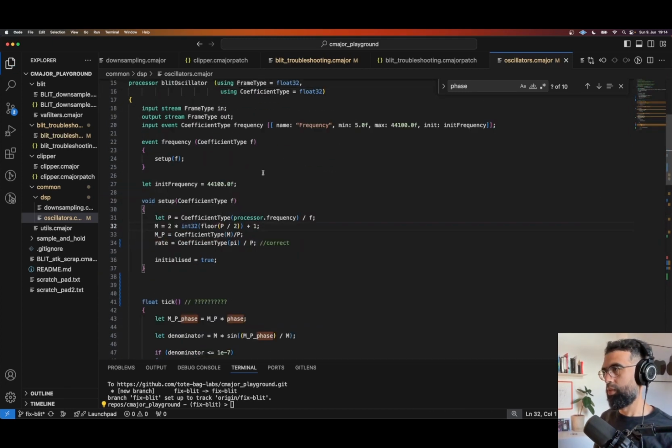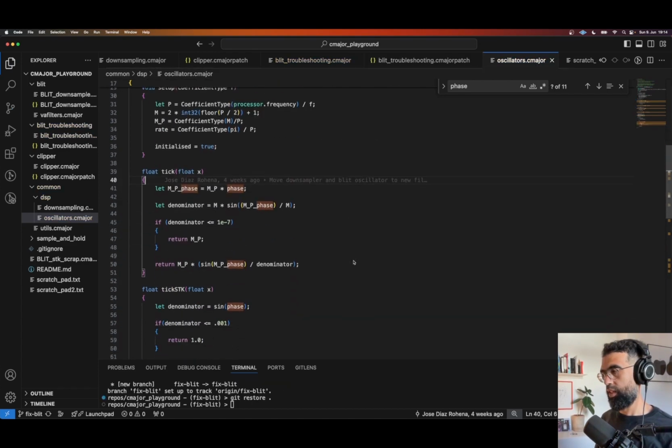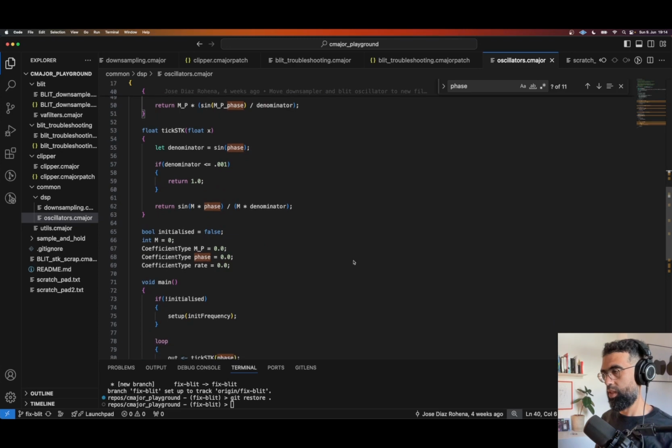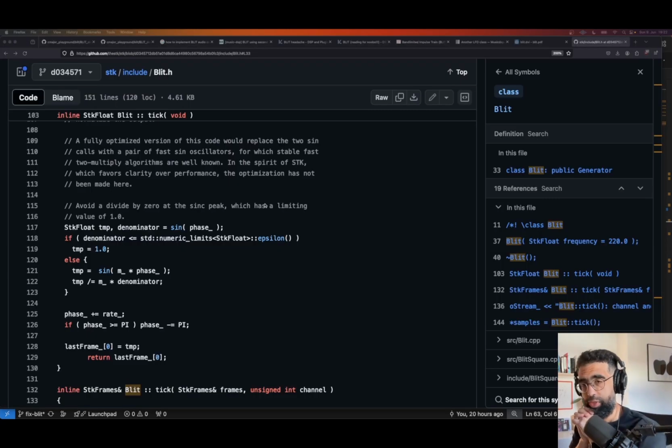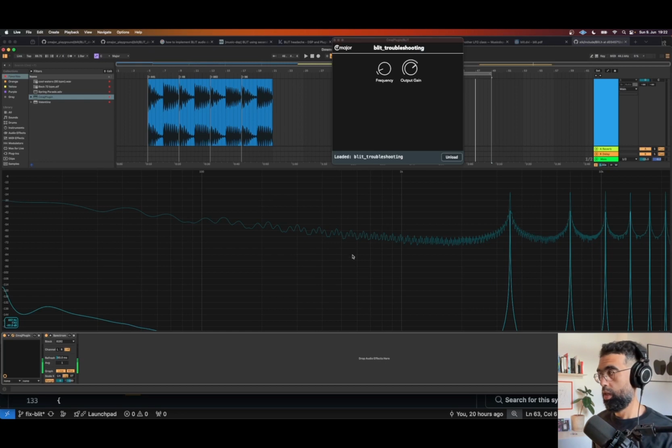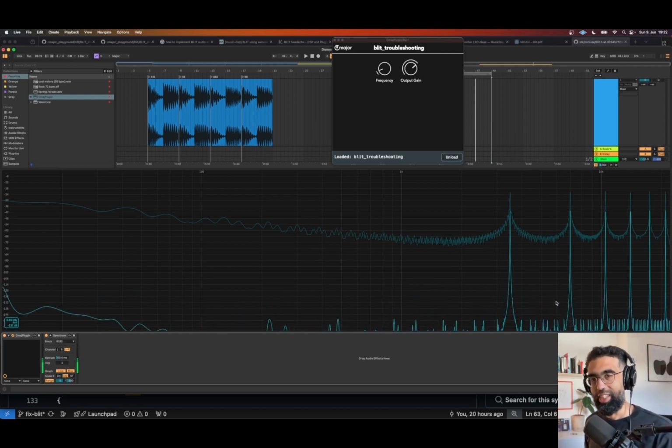Let's revert a bunch of stuff. Actually, I think we can revert everything. Go back to the tick STK, which works. I'm going to have to punt, I think. We have an algorithm that works. And at the end of the day, that's going to have to be good enough.